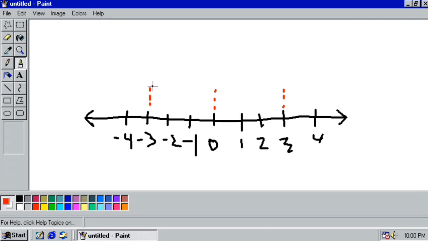If we use this definition, they have a distance of 3. Both of them are 3 units long. So we see that the graphs of positive 3 and negative 3 are both 3 units from the origin. So both numbers have an absolute value of 3.